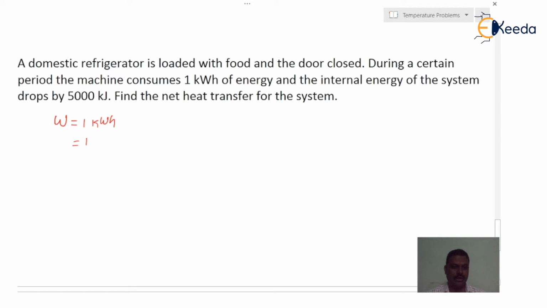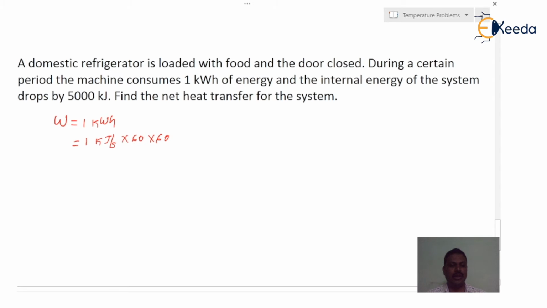So it is 1 kilojoules per second, into, to convert this into hour, this should be multiplied by 60 into 60. The first multiplication of 60 will convert it into kilojoules per minute, and then another multiplication of 60 will convert it into kilojoules per hour.